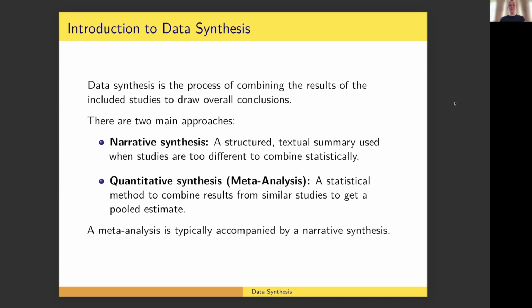And then we have the quantitative synthesis, also known as meta-analysis, which is a statistical method to combine results from similar studies to get a pooled estimate. And as I just said, a meta-analysis is always combined with a narrative synthesis, at least describing the studies that are included in the meta-analysis.